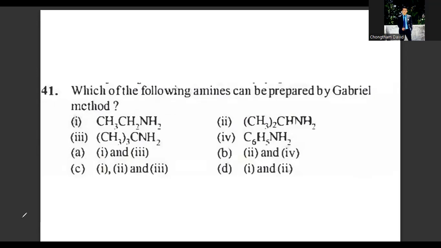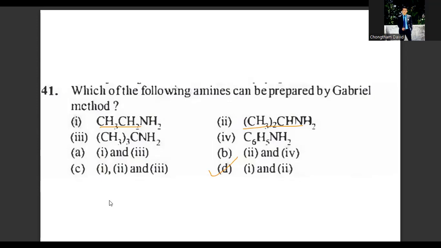It will react with the potassium phthalimide, which is a strong base, to form an alkene rather than the substituted product. For preparing this aniline, you require chlorobenzene as the starting halide, in which chlorine will be non-reactive. So it must be either 1 and 2. D will be the answer for question number 41.